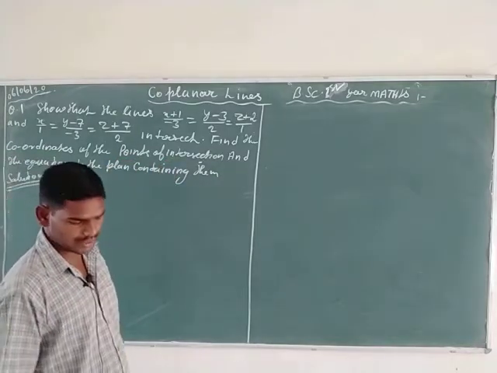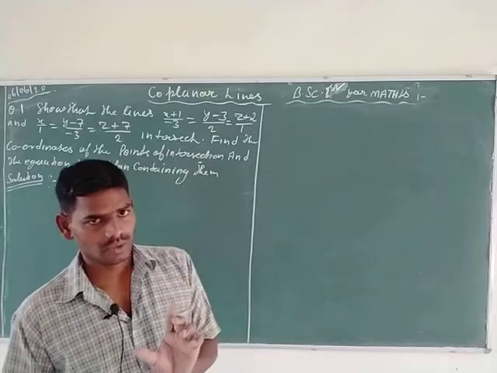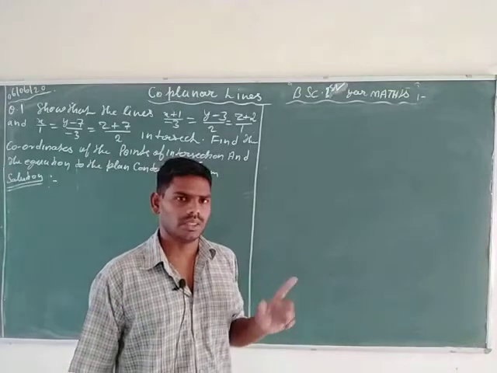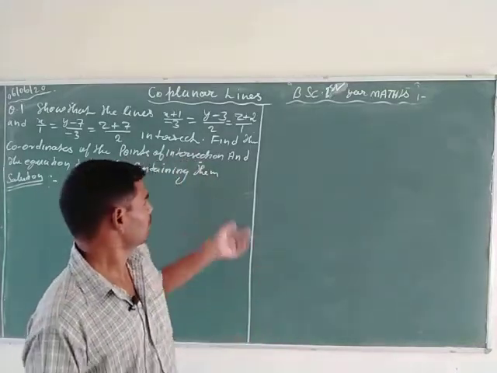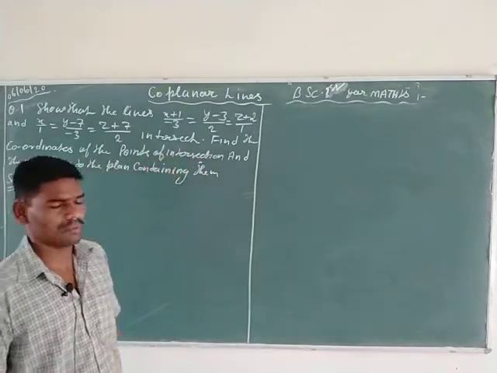If these two straight lines intersect each other, then you know they intersect at only one point. So calculate the coordinates of that intersecting point; that is the second part of the question.